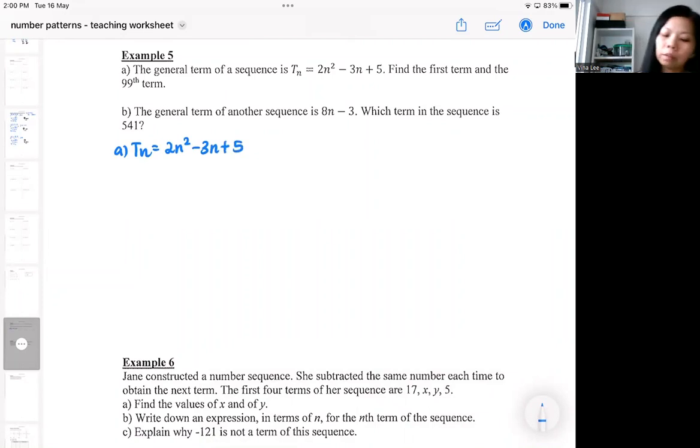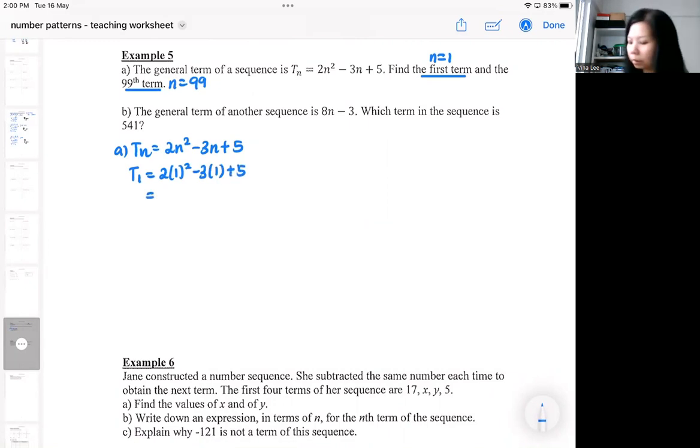So in this question, you are asked to find the first term, meaning n is equal to 1. The 99th term will be n equal to 99. So you just need to focus on putting in the correct values and then you punch calculator. So that will be the first term.